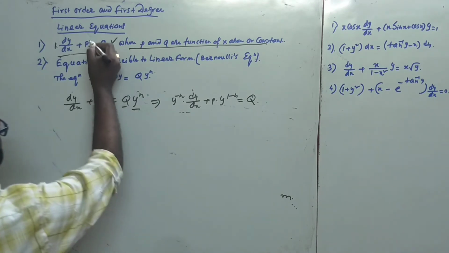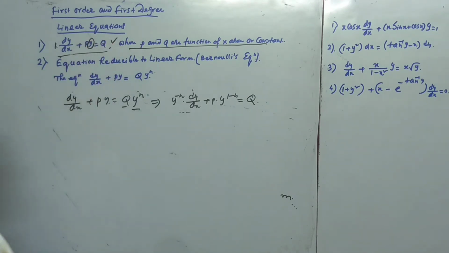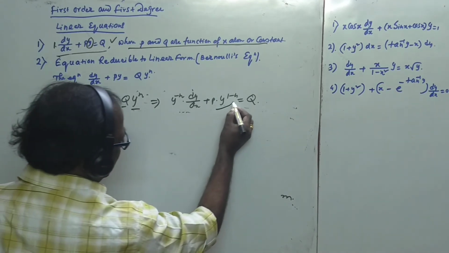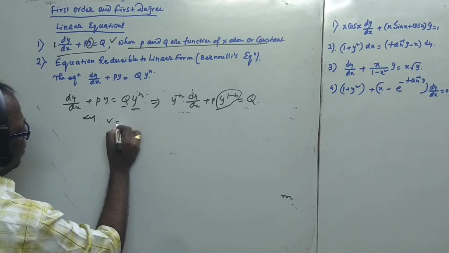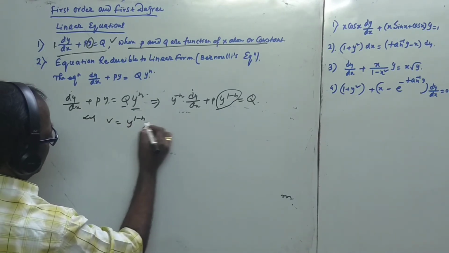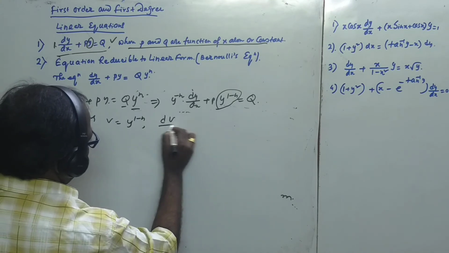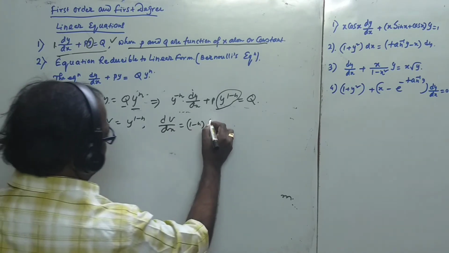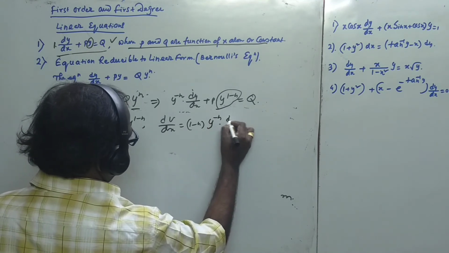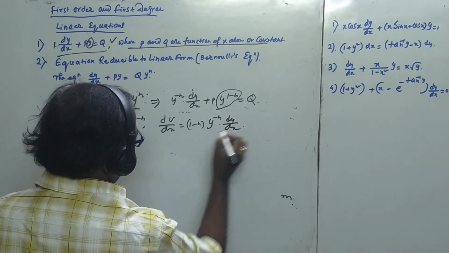But in this differential equation, in the standard form there is y, but this is y to the power 1 minus n. Let us assume v is equal to y to the power 1 minus n. So dv dx is 1 minus n y to the power minus n dy dx.